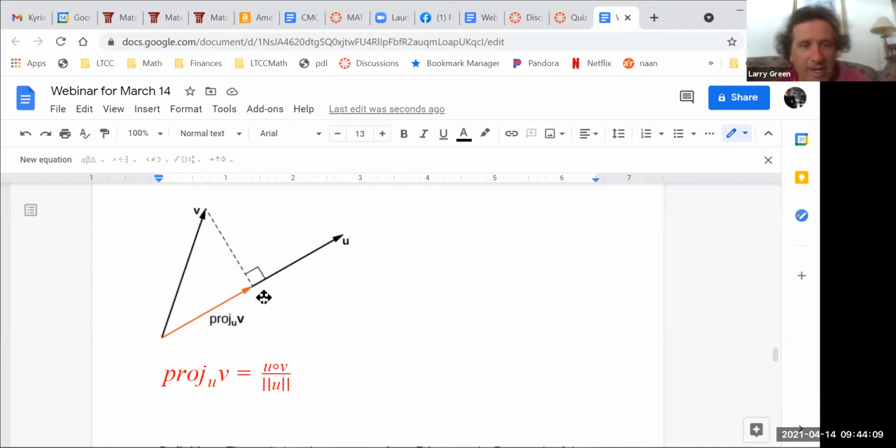Any questions on that idea? And the formula is that the projection of V onto U, that's how we read this, is equal to U dot V over the magnitude of U. Any questions on this formula?